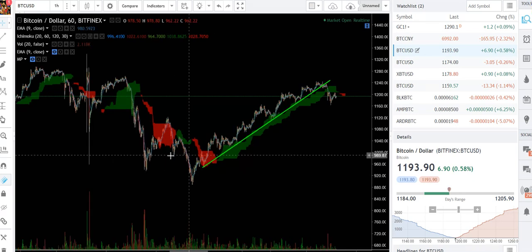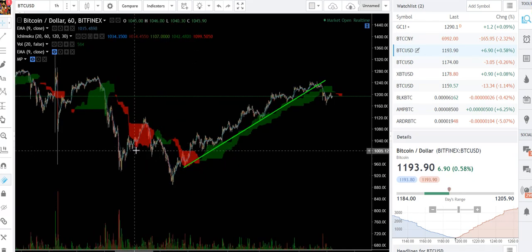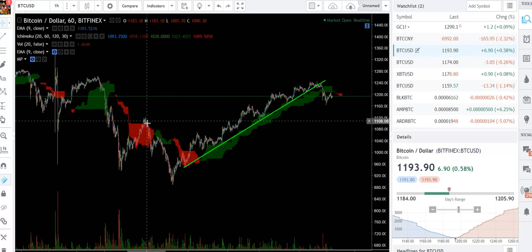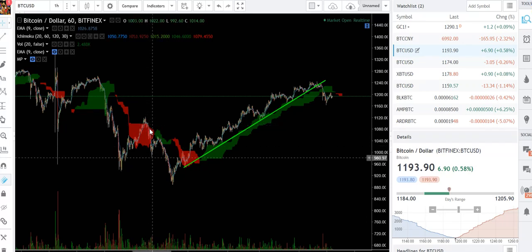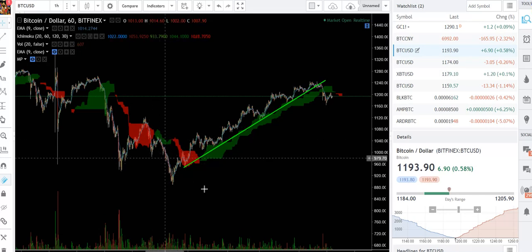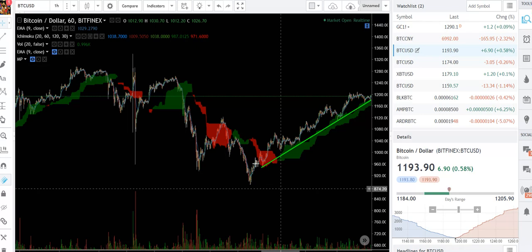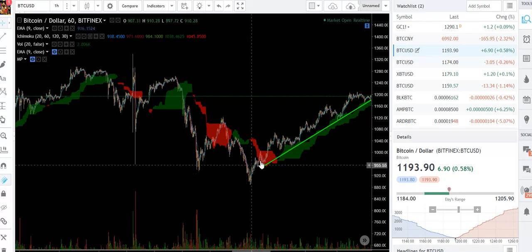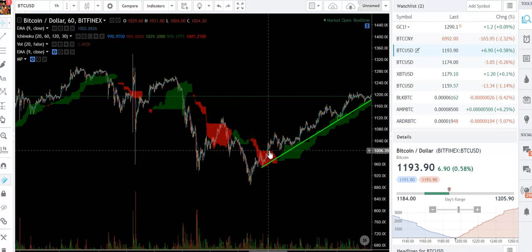And then right here, we broke above the cloud for just maybe like 2 hours, and then we dove right back below the cloud here, and then we decided that we were going to keep trading under the cloud.